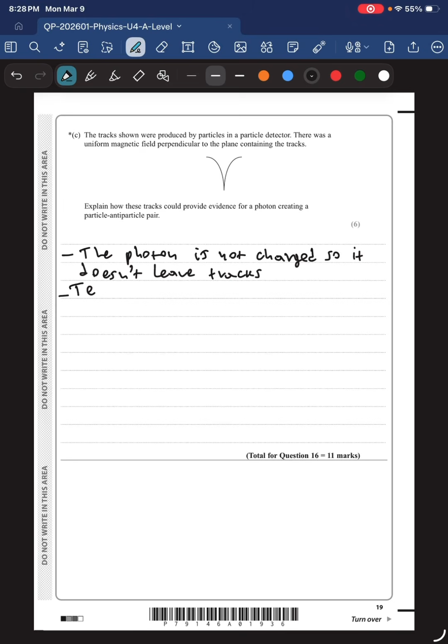The electron-positron pair leaves tracks because they are charged.